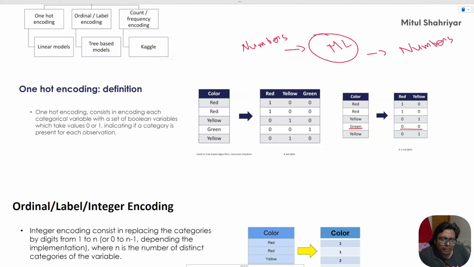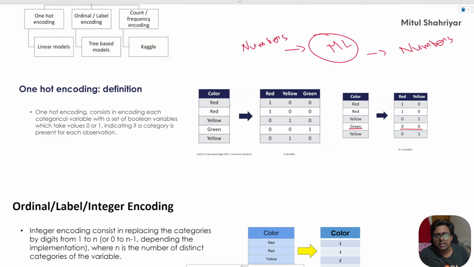But what if we have values which are strings? There are some techniques which we can use to take those strings and generate some numbers.